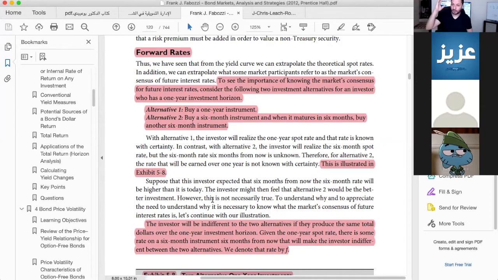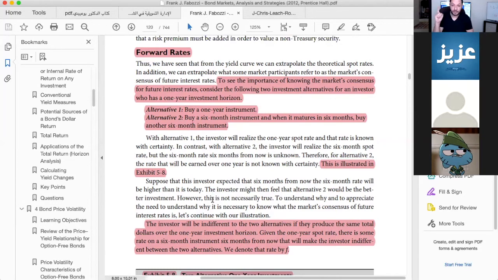So despite the fact that I'm investing my money for the same horizon of time, which is 1 year, what would be my decision here? If I was an smart enough investor, what would be my decision?